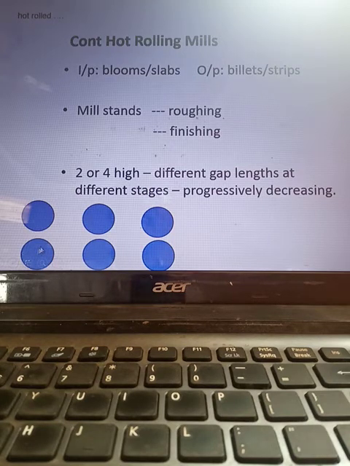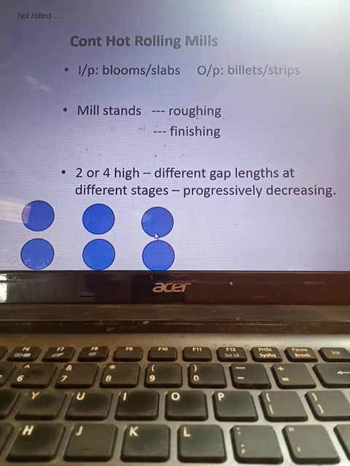And initially these stands will be the roughing stands, whereas the later stands will be the finishing stands. So input here is bloom or slab, and output is billet or strips.